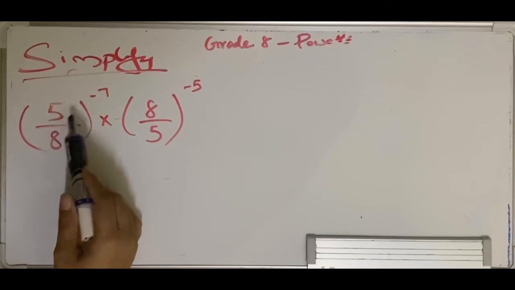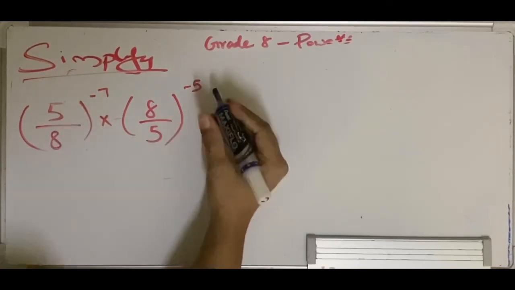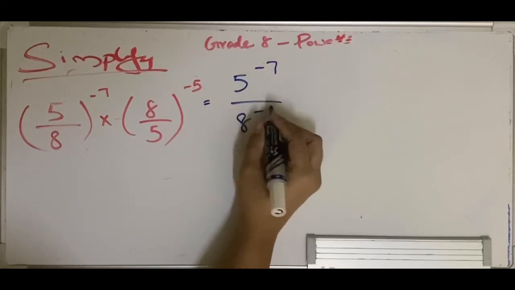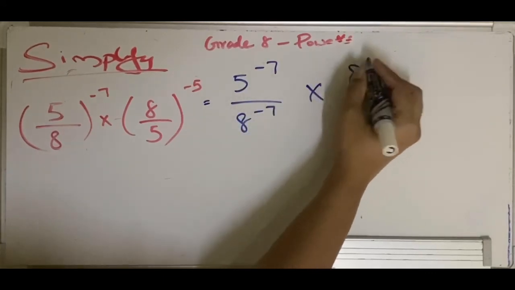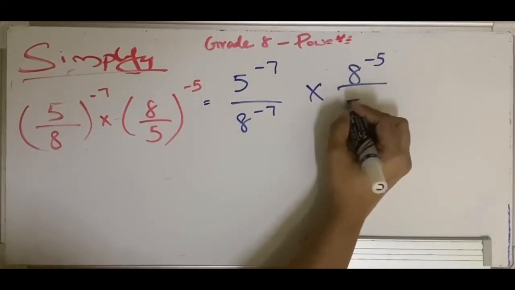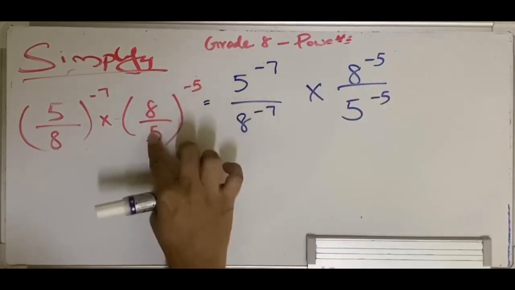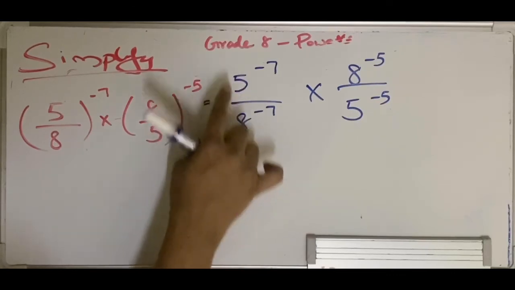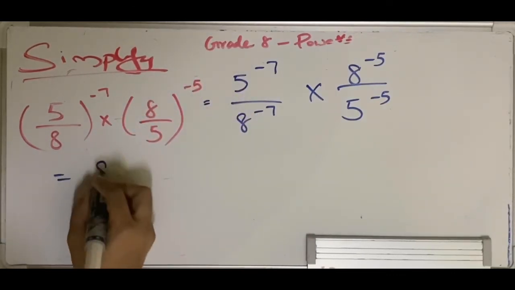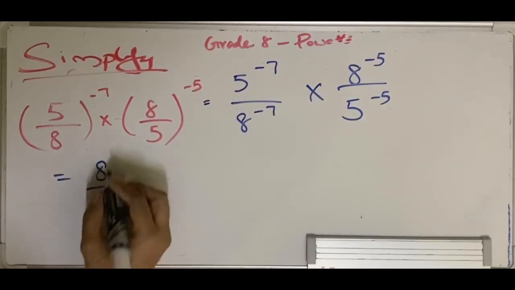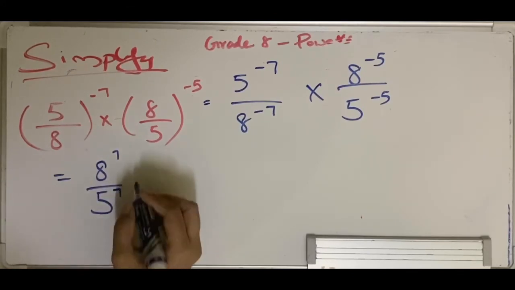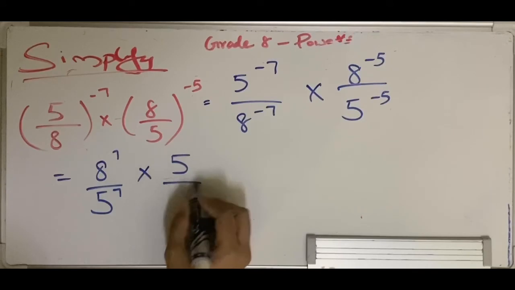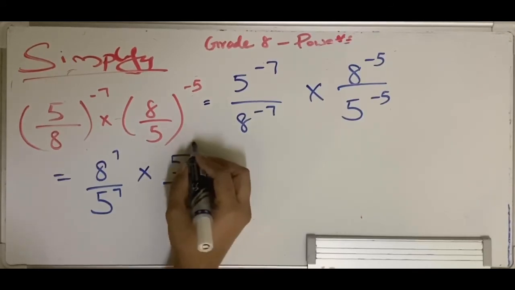We have (5 by 8) whole raised to minus 7, which will be same as 5 raised to minus 7 and 8 raised to minus 7. Similarly, 8 raised to minus 5 and 5 raised to minus 5. So in order to get rid of the negative exponent, we have to take the reciprocal. So it's going to be 8 over 5, right? And both of them have raised to 7. And here it will be 5 over 8 and both of them with the power 5.